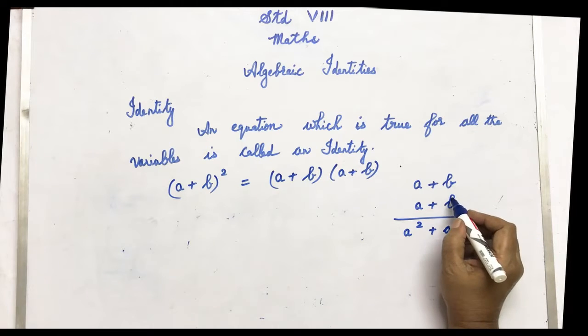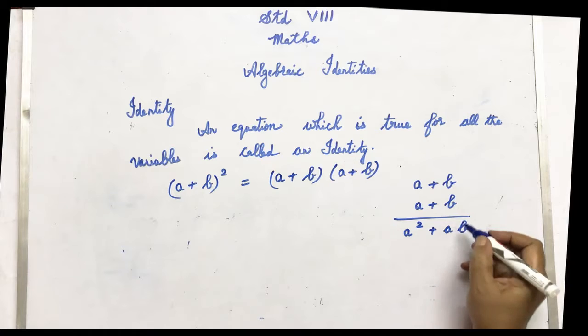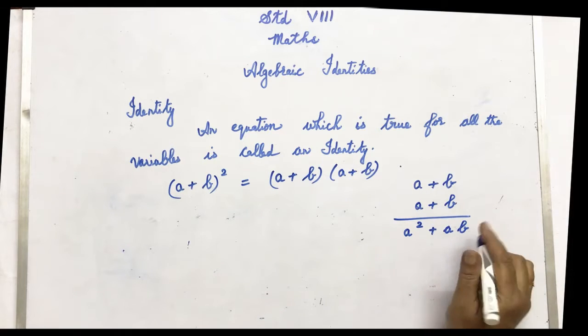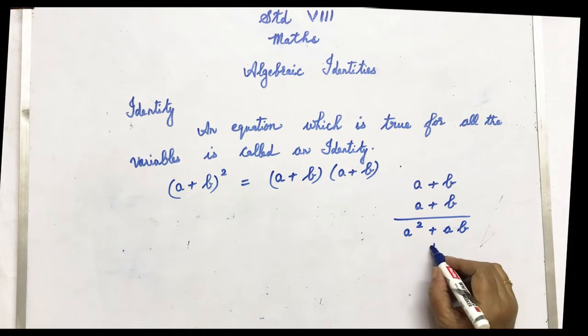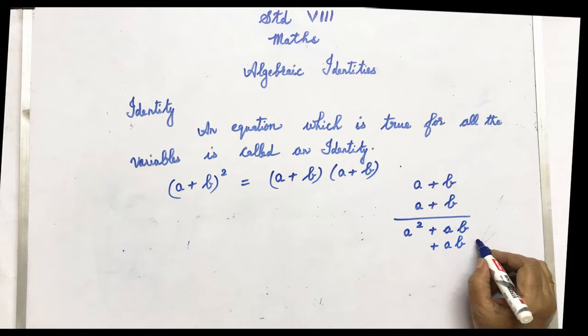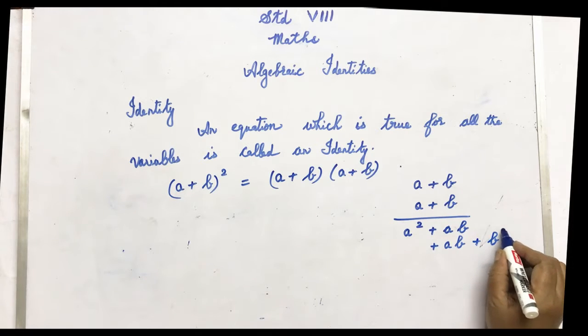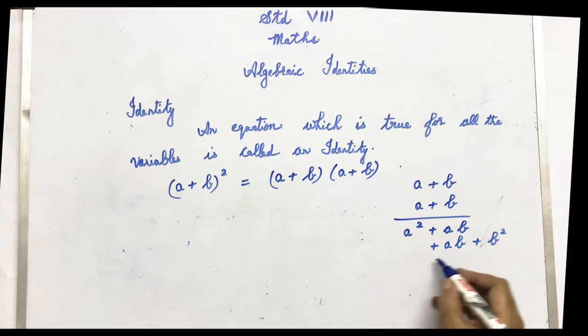Now we multiply with b. So a into b is again ab. Already we have the same variables here, so we can write plus ab. Now b into b is b squared. We don't have a term containing b squared, so that should be written separately.